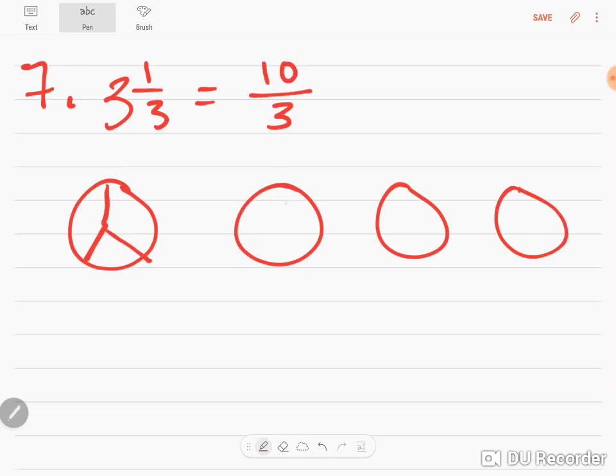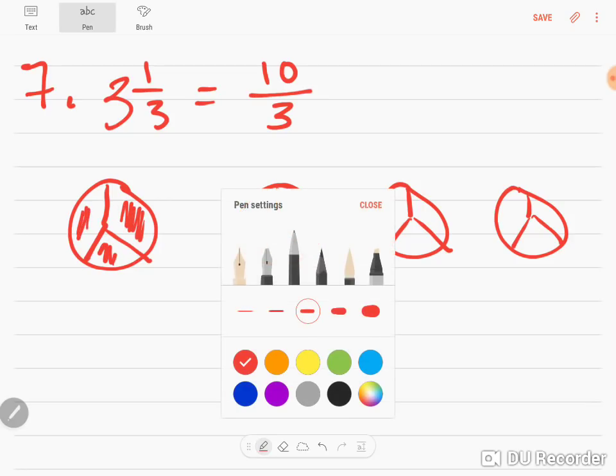So it's like doing an upside down Y. Now, I have 4 circles here. Of these 4 circles, 3 of them are fully shaded in. Oh, maybe I should change the color.